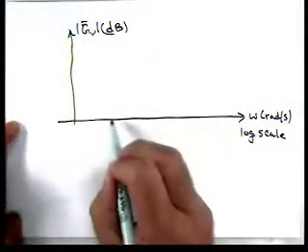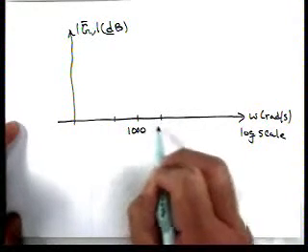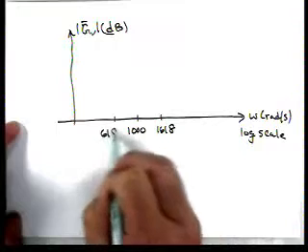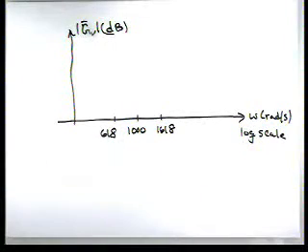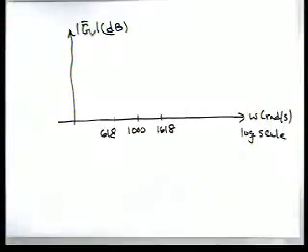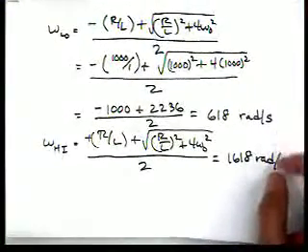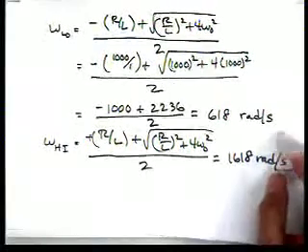Let's first label our frequencies. Here's 1,000, 1618, 618. Now if we look at our transfer function, we can see we have a simple zero at the origin. Remember, here are our two half-power frequencies, and at those points we're going to have a gain of minus 3 dB at both.